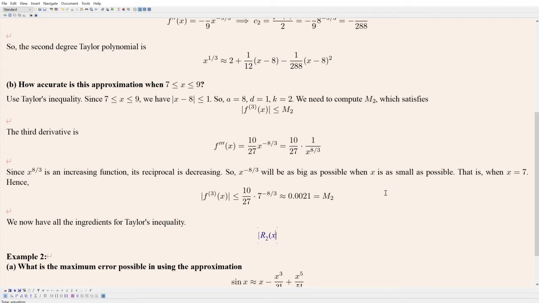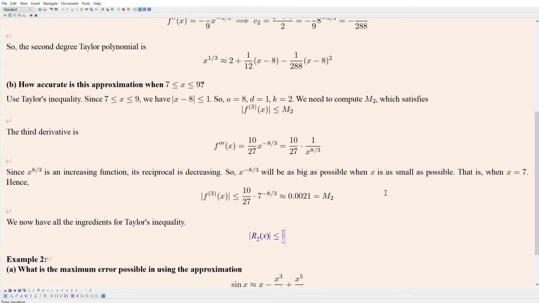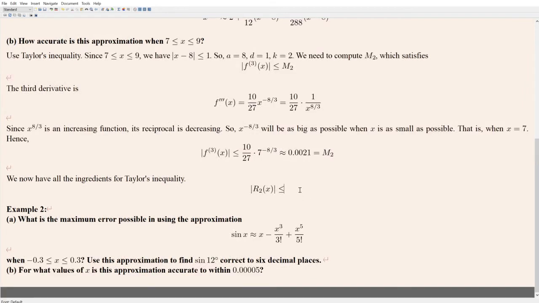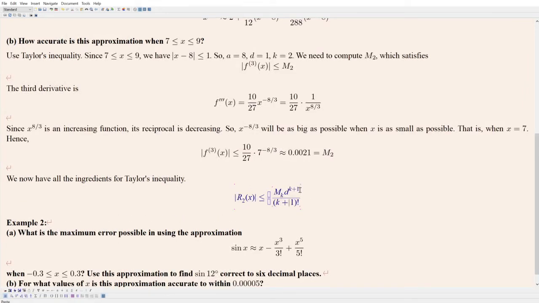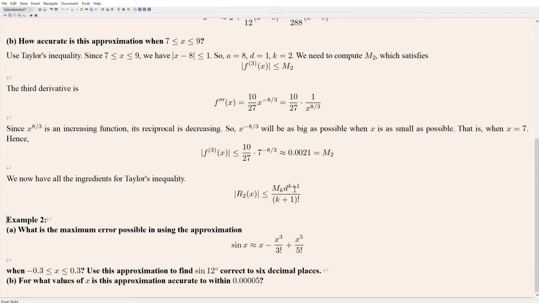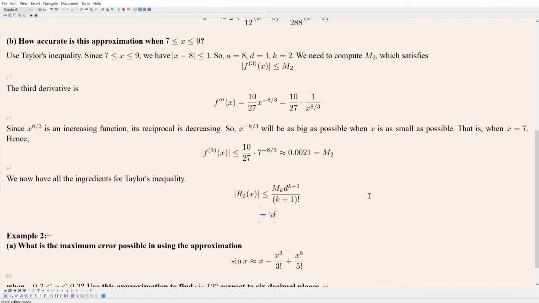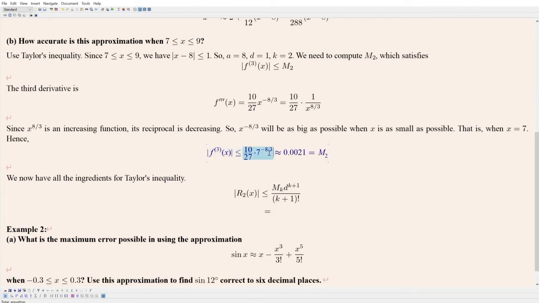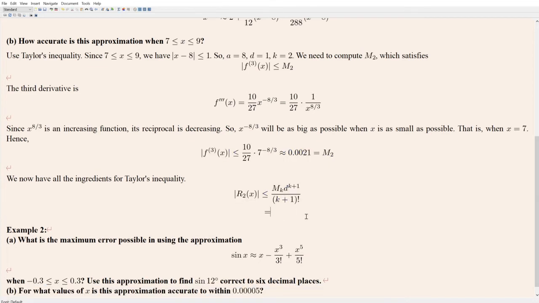So the remainder upon taking the Taylor polynomial of degree 2 is guaranteed to be less than or equal to all of this. So M sub k is this.